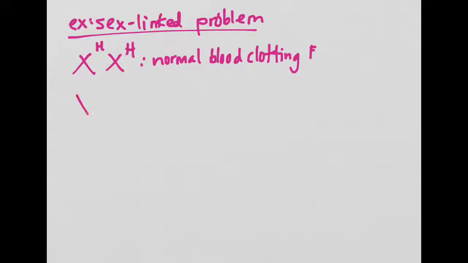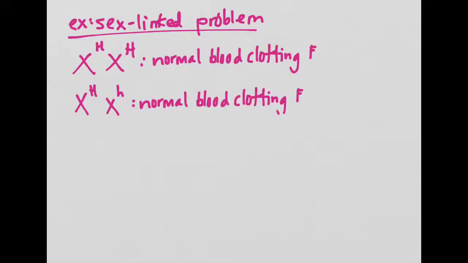Then females could also have a big H and a little h. So that's going to again be a normal clotting female. But there'll be a carrier of this hemophilia, as we can see with this allele. Then we could have a female that has the 2 little h's, and that female will be a hemophiliac.